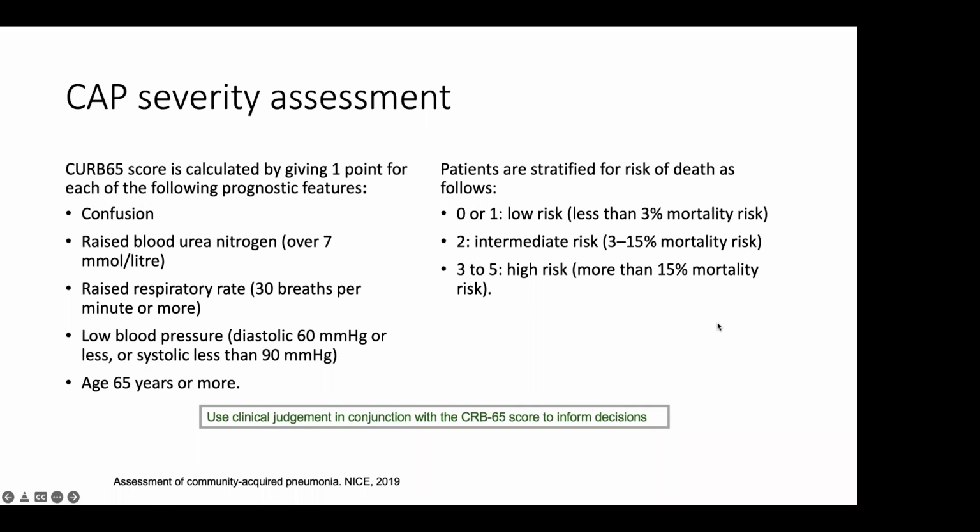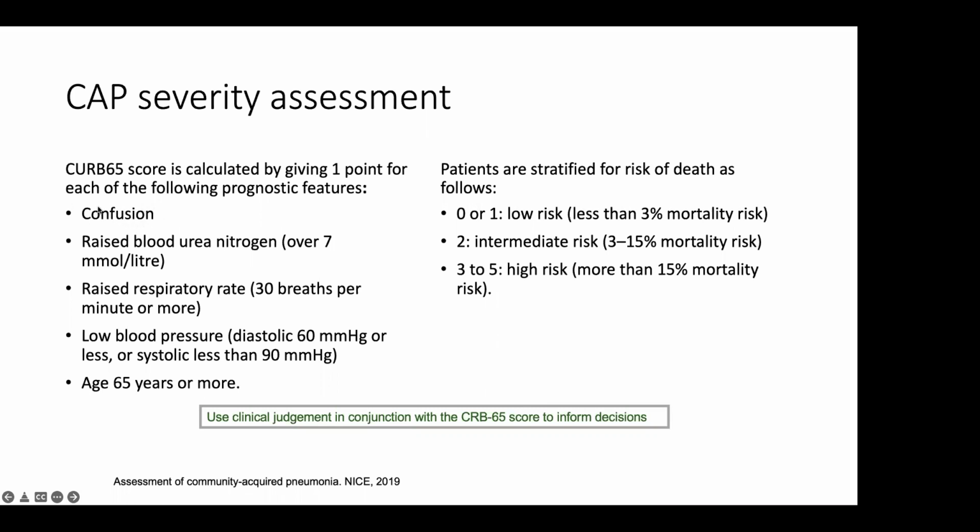So in pneumonia, remember, sometimes we forget that TB is also a community-acquired pneumonia. So there's what we call the community-acquired pneumonia severity assessment. It's called the CAP 65. And basically, if a patient presents with these 5 signs, you might then consider that the patient needs urgent attention.